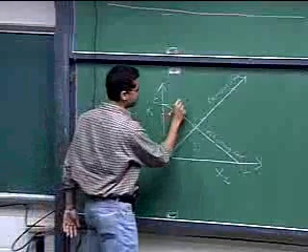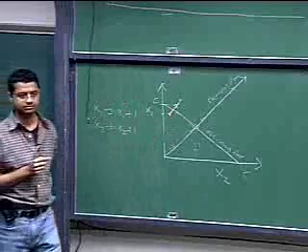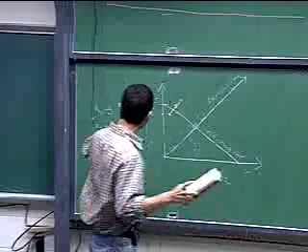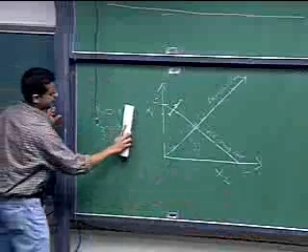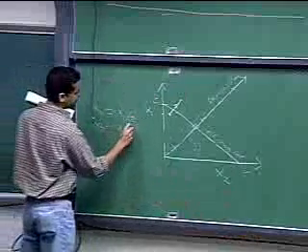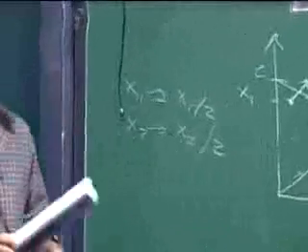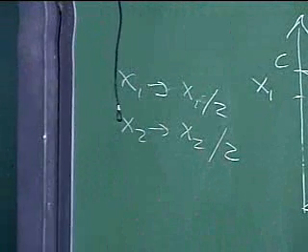Where does it go after the rate reduction? So now what's going to happen is x1 becomes x1 over 2 and x2 becomes x2 over 2. So how does this point move?